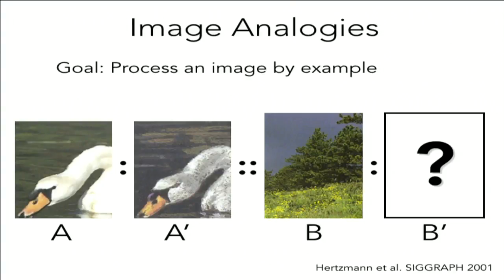So, long story short, I formulated this problem called image analogies, which is to solve the analogy A is to A prime as B is to B prime. Another way of thinking about it is processing images by example. You have an example training before and after, and we want to essentially learn that transform and apply it to a new image.